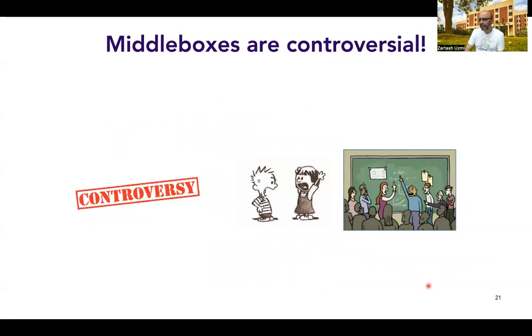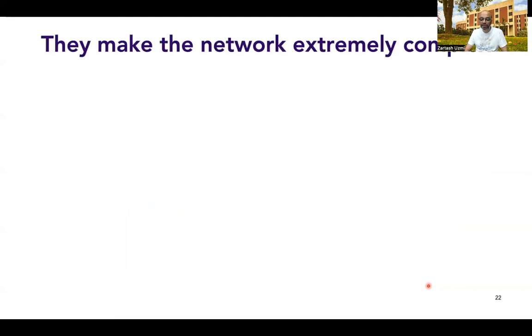So we saw that network address translation boxes, NAT boxes, were controversial. It's not just NAT boxes, which are one type of middle box, that are controversial. Middle boxes in general are controversial. They make the network extremely complex, and we wanted to keep the network very simple. And that is why we had this end-to-end argument that the complexity or intelligence should lie on the end devices, not in the middle, in the network infrastructure.